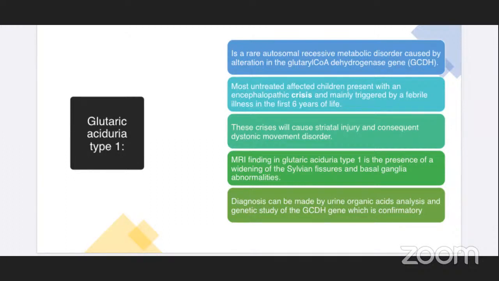MRI findings in glutaric aciduria type 1 are widening of the sylvian fissure and basal ganglia abnormalities. Diagnosis can be made by urine organic acid analysis and genetic studies showing the GCDH gene.